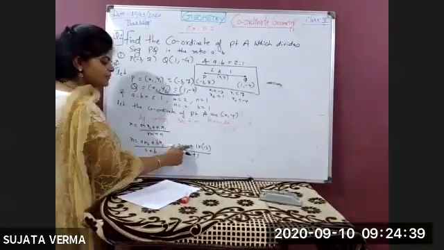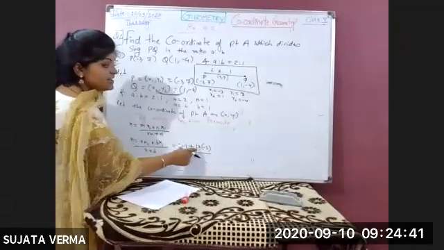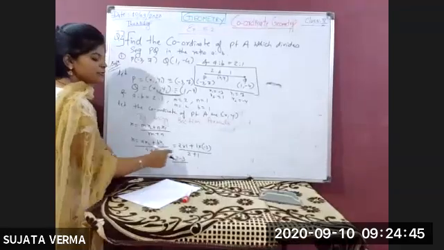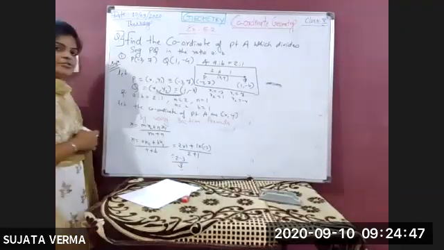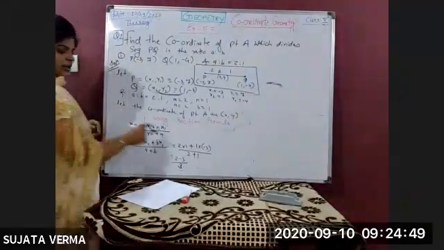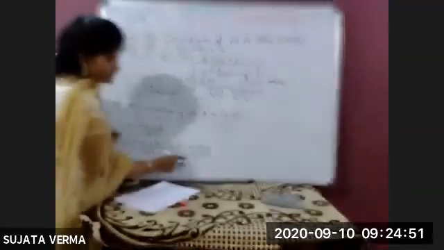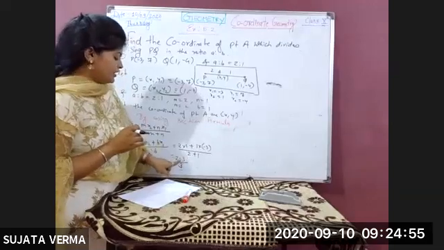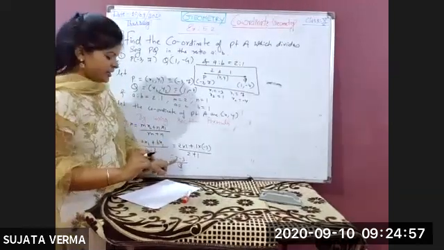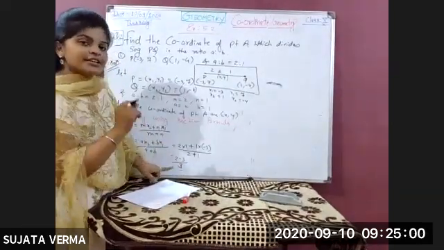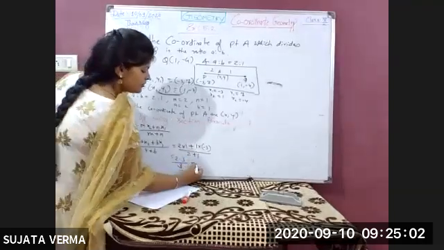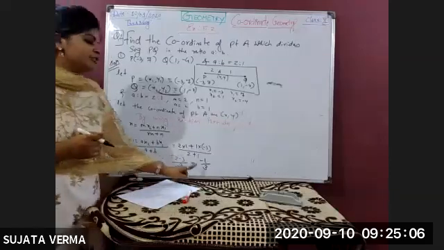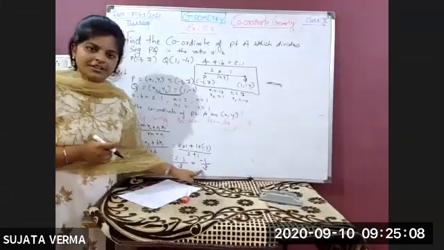Clear? 2 ones are 2, 3 ones are 3. But 1 into -3 is equal to -3. 2 plus 1 is equal to 3. Clear? 2 into 1 is 2, 1 into 3 is 3, but here is a minus sign, so write -3. Now, 2 minus 3 is equal to -1 by 3.